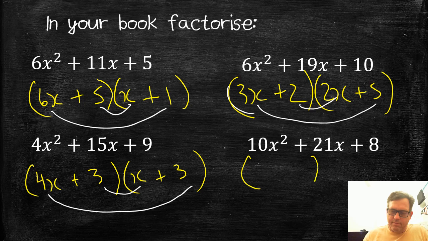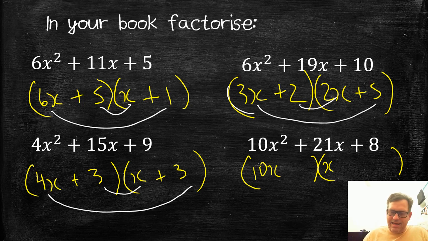And the last one, I think it's going to be 2x and 5x, and then we need 8. So how do we get our 8? So I think it's actually going to be 10x and x, isn't it?